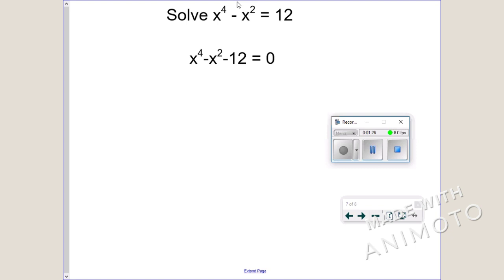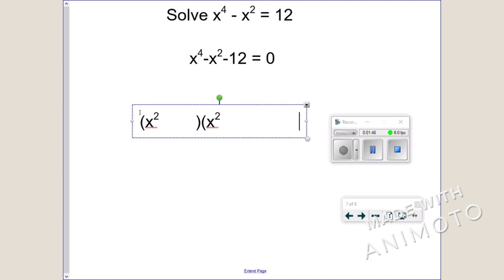So just like we did factoring before, what can we multiply to get x to the fourth, right? Well, before, to get x squared, we did x times x. Well, to get x to the fourth, it's x squared times x squared. Okay, so that's x to the fourth. And then remember before we said, all right, well, what were my factors of my c term?